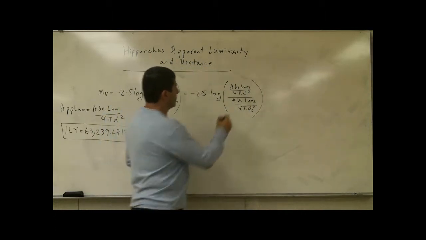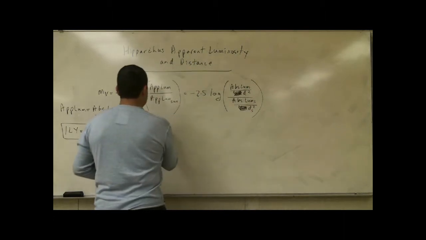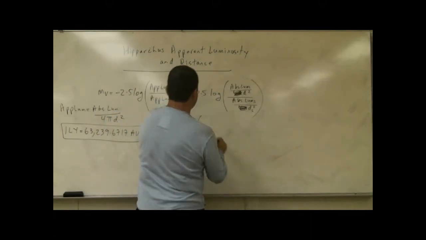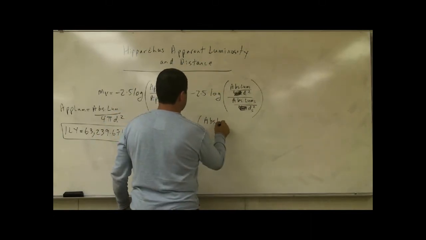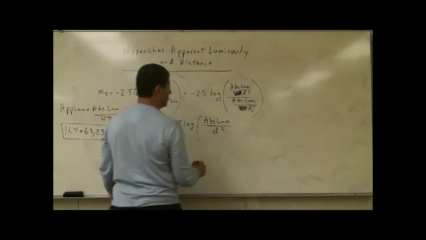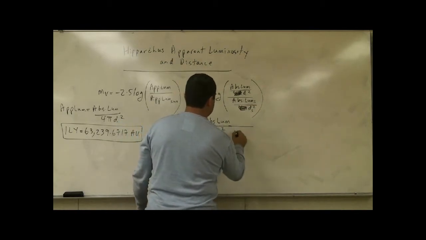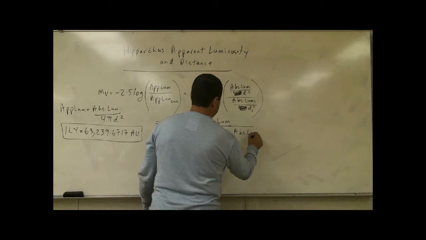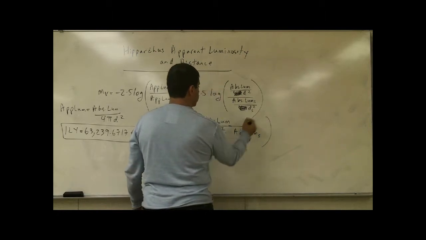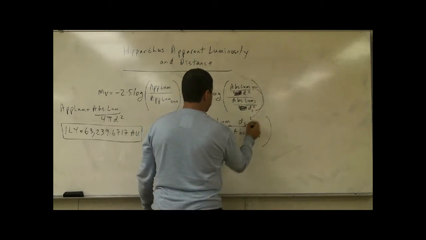So then the 4 pi is going to cancel, and then we're going to have -2.5 log of the absolute luminosity of a star divided by the distance of the star squared, and then the absolute luminosity of the sun is in the denominator. Then the distance of the sun goes to the numerator, distance of the sun squared.